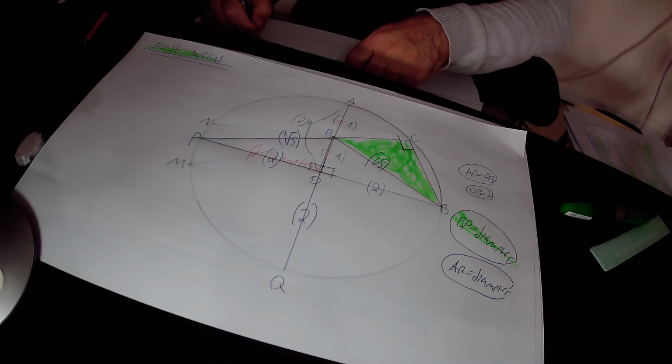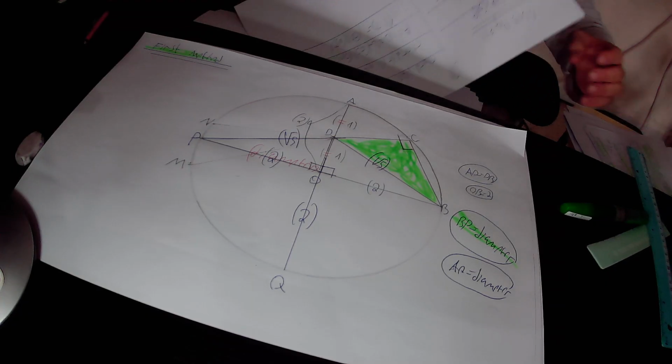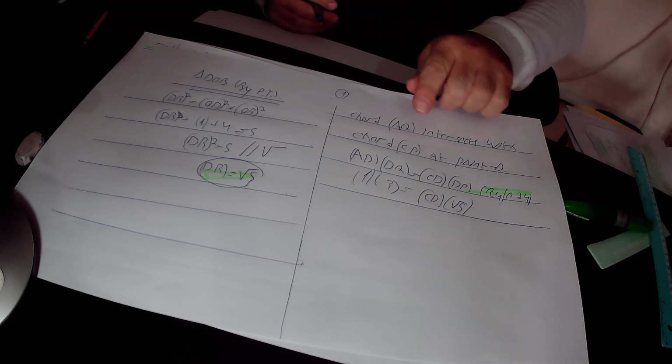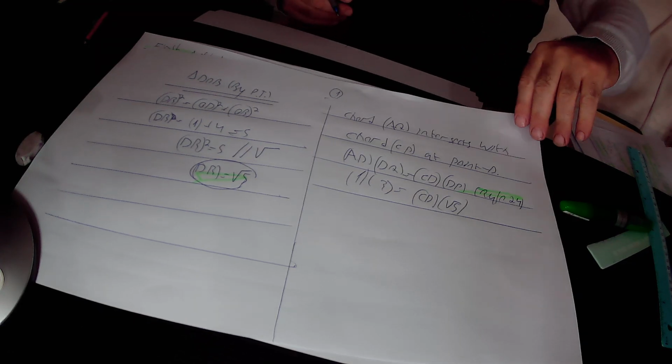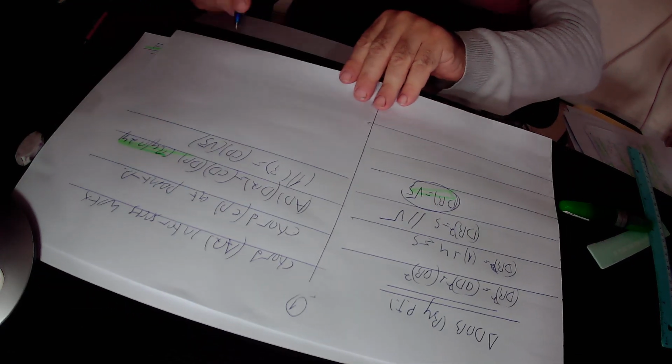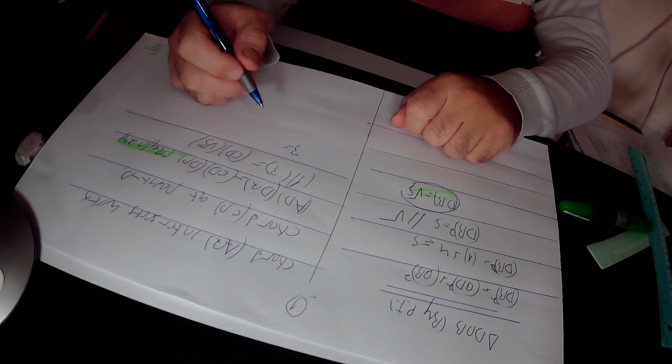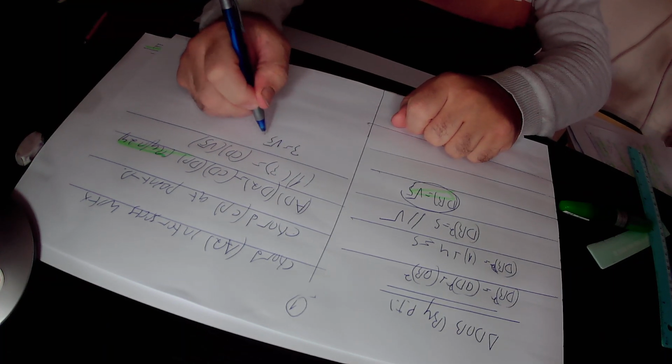In total, we found out that 1 times 3 equals CD times the square root of 5. 1 times 3 is 3, so 3 equals the square root of 5 times CD.